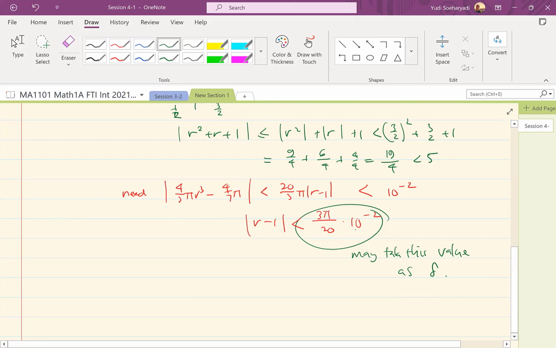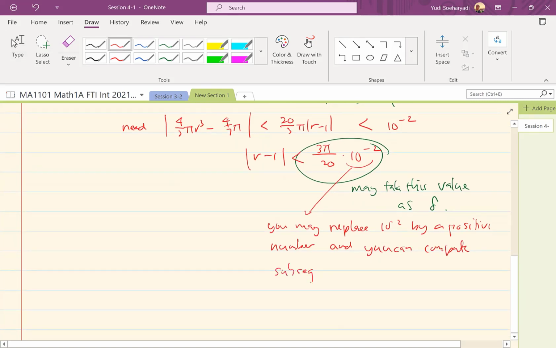You can replace the 10 to the negative 2 by any positive number, and you get a corresponding delta.